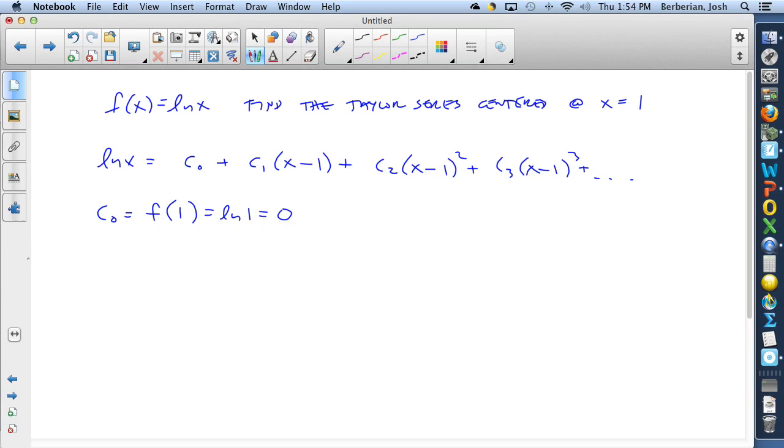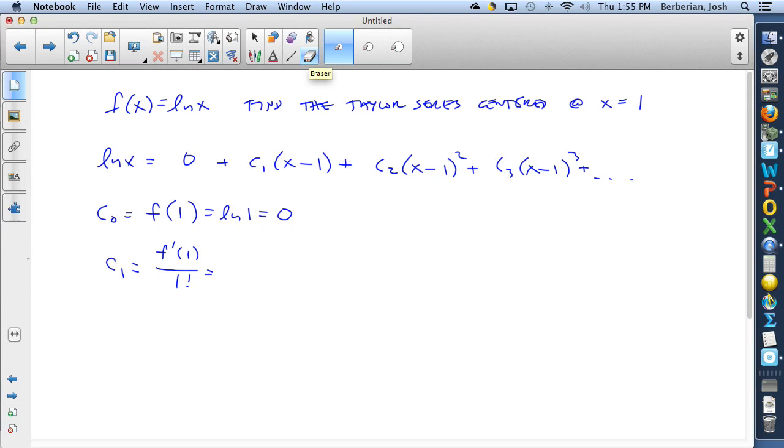So the 0th term coefficient is the 0th derivative, which is f of 1 divided by 0 factorial. So that's 0.